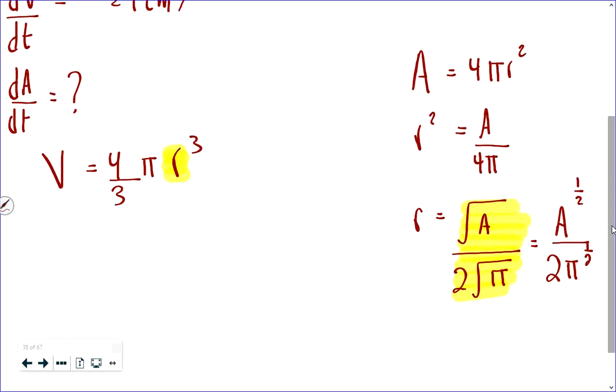So I have to cube this thing when I put it into the volume formula, which means my volume will be 4/3 times pi times A to the 3/2, because I have to cube A to the half, over 8, because I have to cube 2, and over pi to the 3/2.